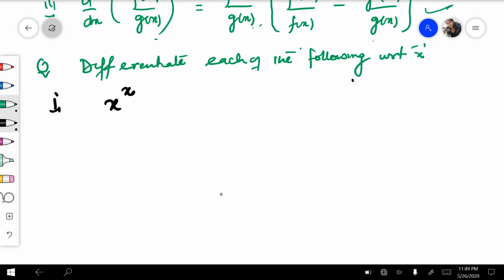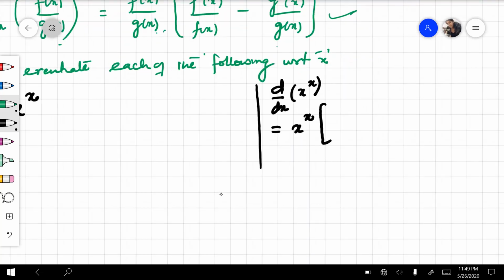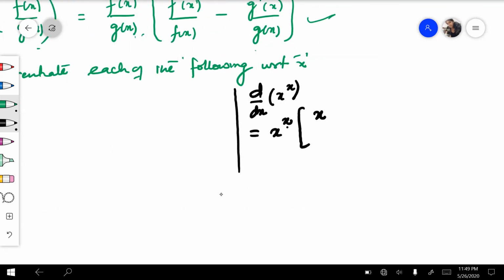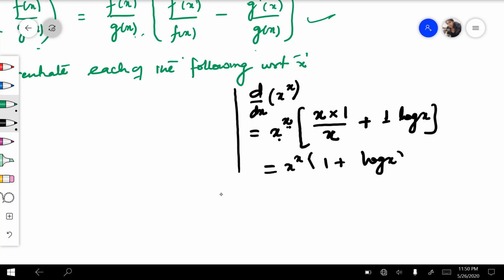Let's try to solve this by objective part first. d by dx of x raised to power x. तो मैंने आपको बोला था as it is जो एक्सप्रेशन है into exponent is x into derivative of base x की डिफरेंशिएशन क्या आ जाएगी 1 divided by base plus derivative of exponent x की डिफरेंशिएशन 1 into log of base. तो अगर आप इसको सिंप्लीफाई करोगे it is x raised to power x और x कैंसिल 1 plus log of x.